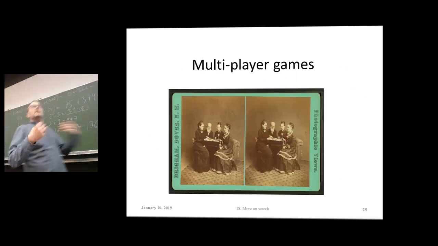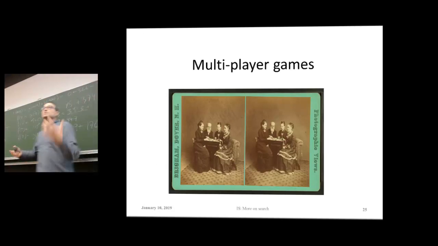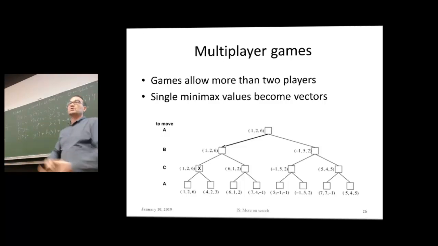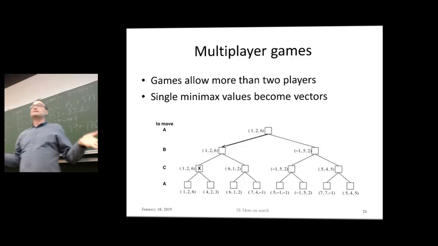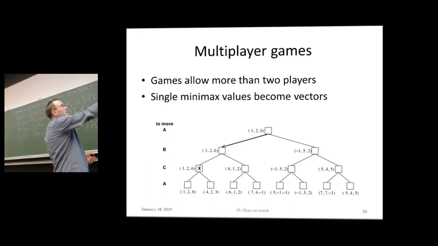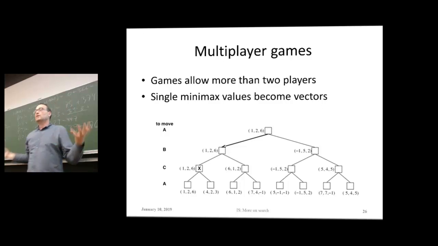So let's see. One of the assumptions we had is that we only have 2 players in our game so far. And one could say, okay, maybe that doesn't work for 3 players, but in principle it is relatively simple to extend. So now you wouldn't have a min value and a max value, which you can basically represent as a single value. But you also want to have a 3rd player, so your min-max values become vectors.